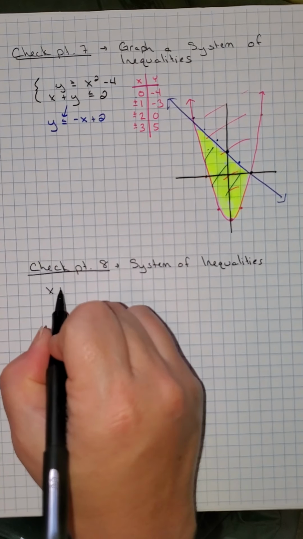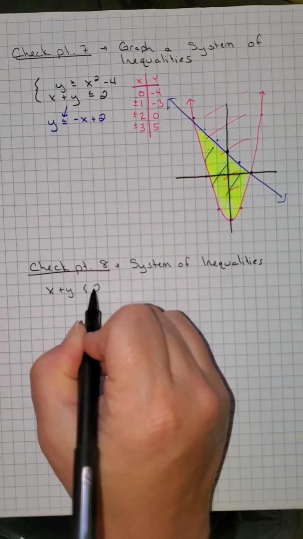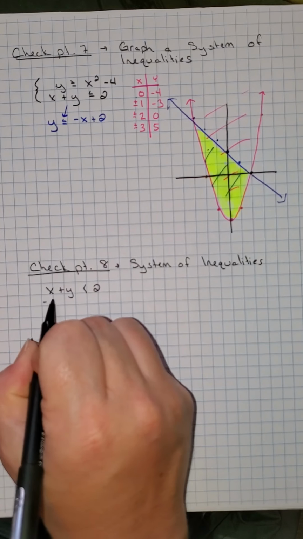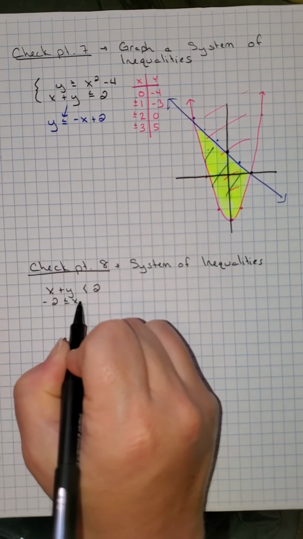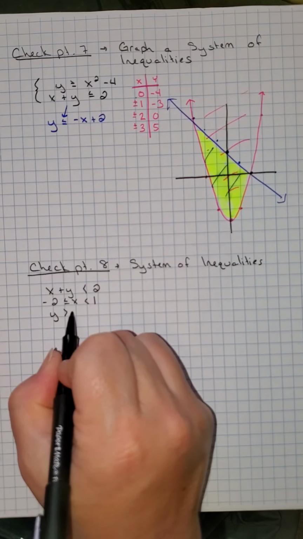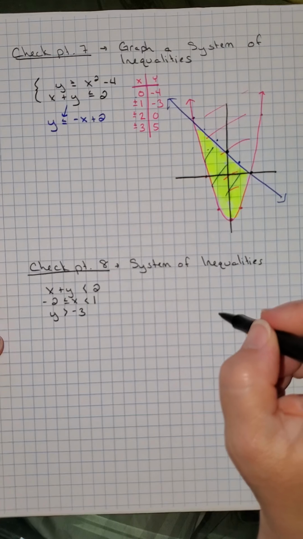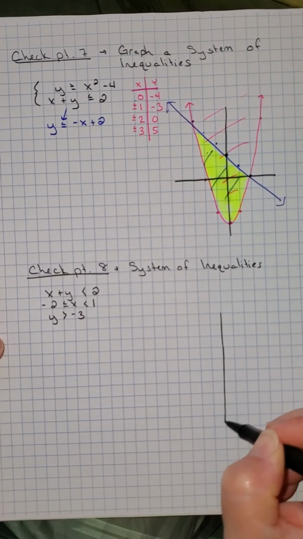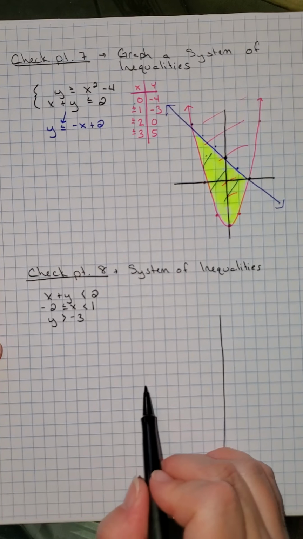First is x plus y is less than 2. Then negative 2 is less than or equal to x, which is less than 1. And then the last one is y is greater than negative 3. So often these will close into one space.